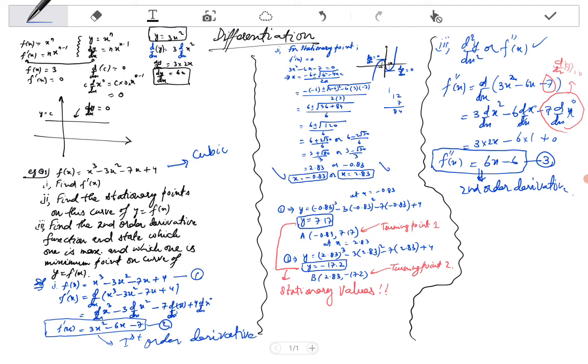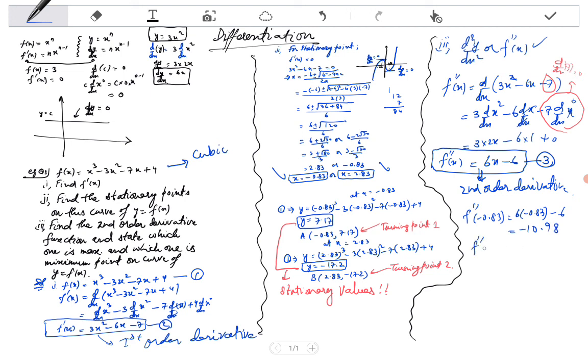Now you should take the values of x which are giving you turning points and fit them in equation number 3, the second order derivative equation. f double dash of minus 0.83: 6 times minus 0.83 minus 6 is something negative. 6 times negative 0.83 minus 6 is coming to minus 10.98, which is less than 0.